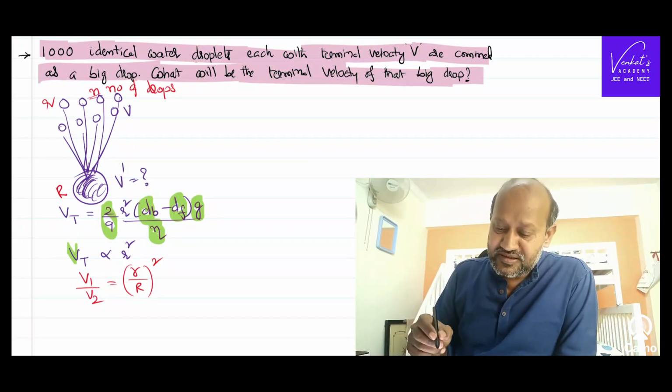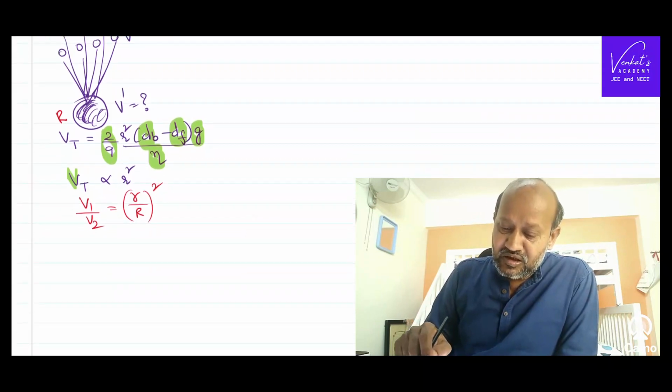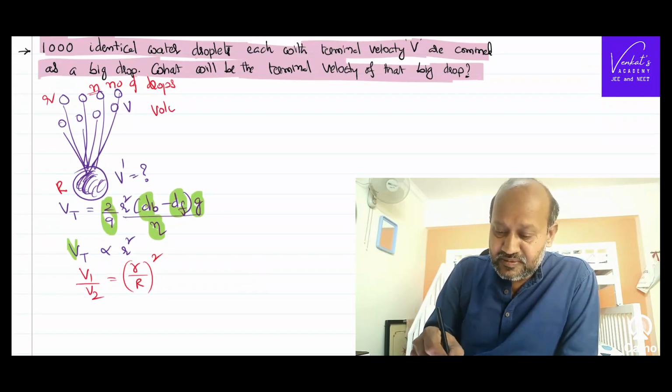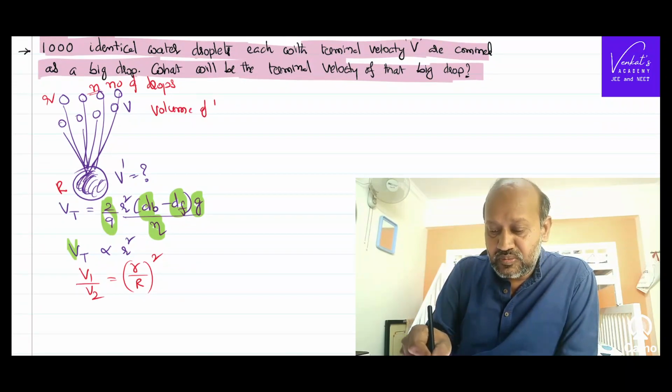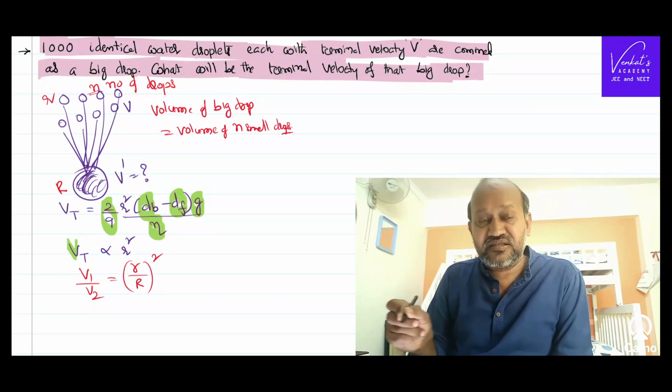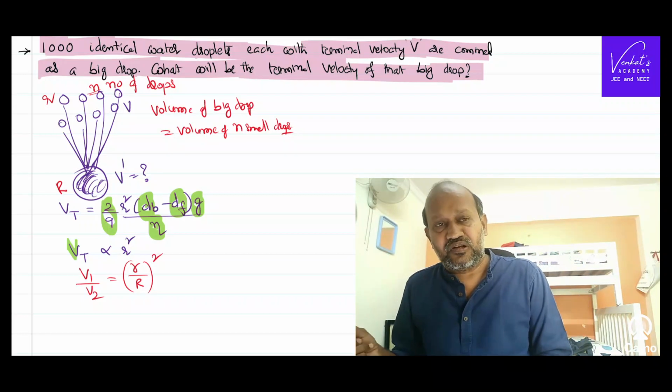For that, as it is given, small drops are combined to form a big drop. What we can say is the volume of big drop is sum of volume of n small drops. Because the mass is conserved, density is constant, volumes have to be the same.